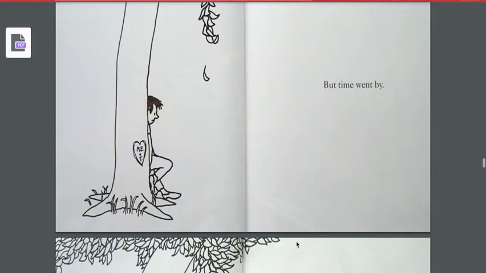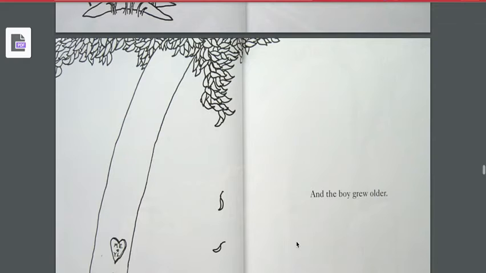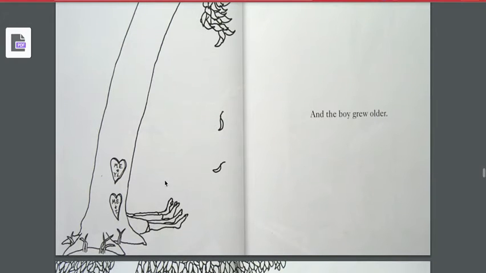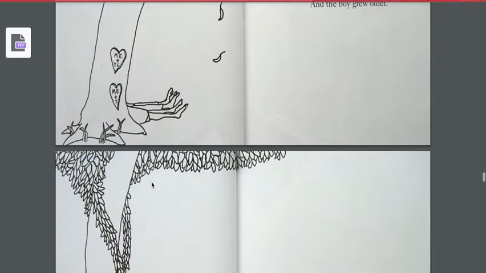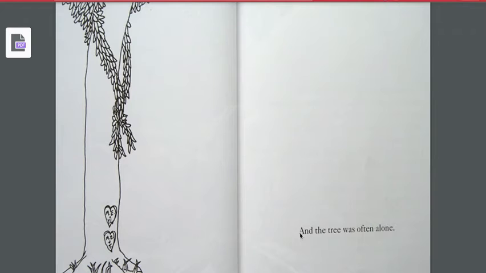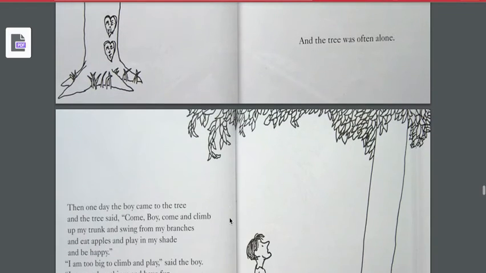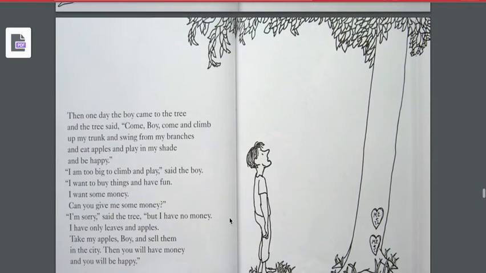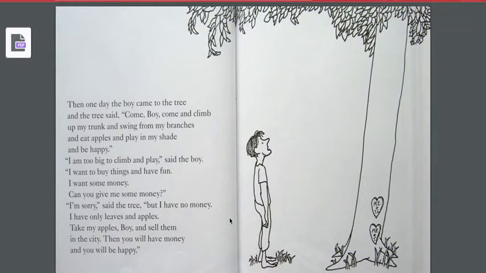But time went by, and the boy grew older. There's another heart. And the tree was often alone. Then one day the boy came to the tree, and the tree said, "Come, boy, come and climb up my trunk and swing from my branches, and eat apples, and play in my shade, and be happy."